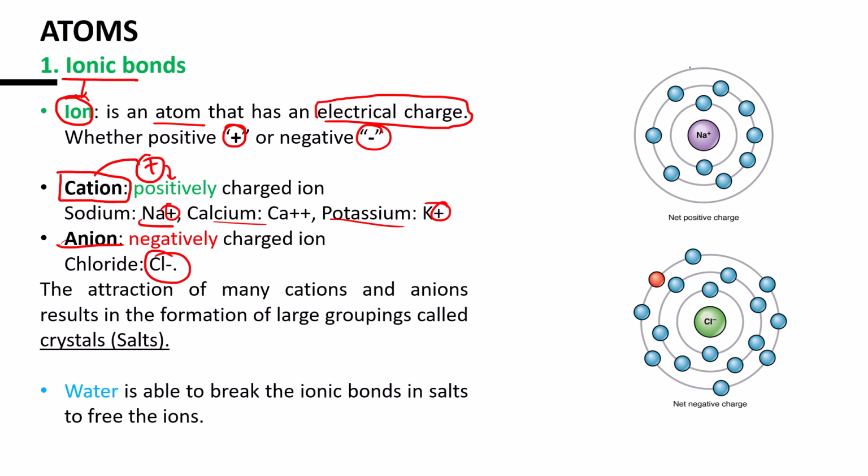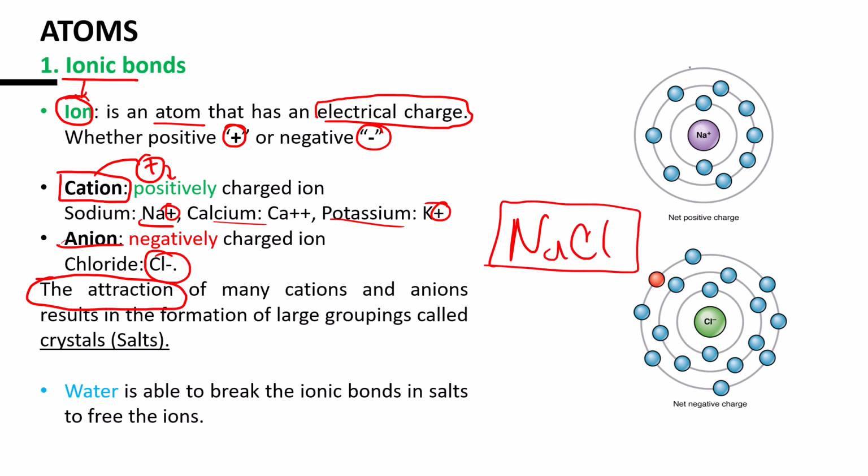So when you have elements that have different charges, that's what causes the attraction between many of them, and this attraction is what forms these bonds. Importantly, when you have elements like sodium and chloride, you have sodium chloride. This ionic bond can be broken by water.